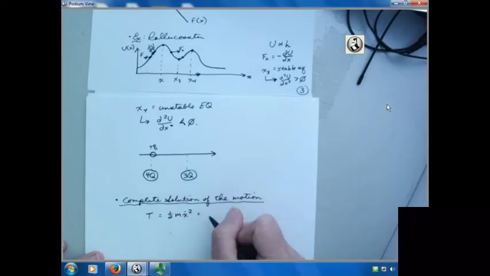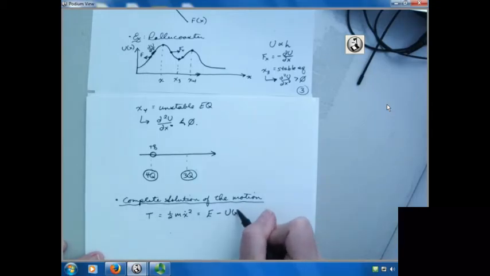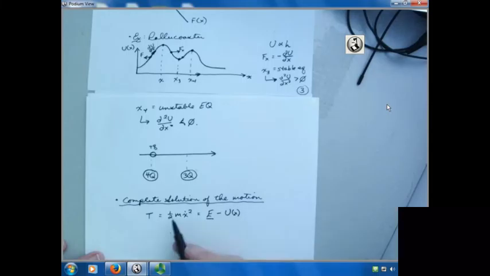And that is equal to mechanical energy minus potential energy. And u will obviously be a function of location. So in the case that we have a system that is isolated energy-wise, such that E is a constant, I have an equation here that I can solve for x dot. It is the square root of 2/m times the quantity E minus U.